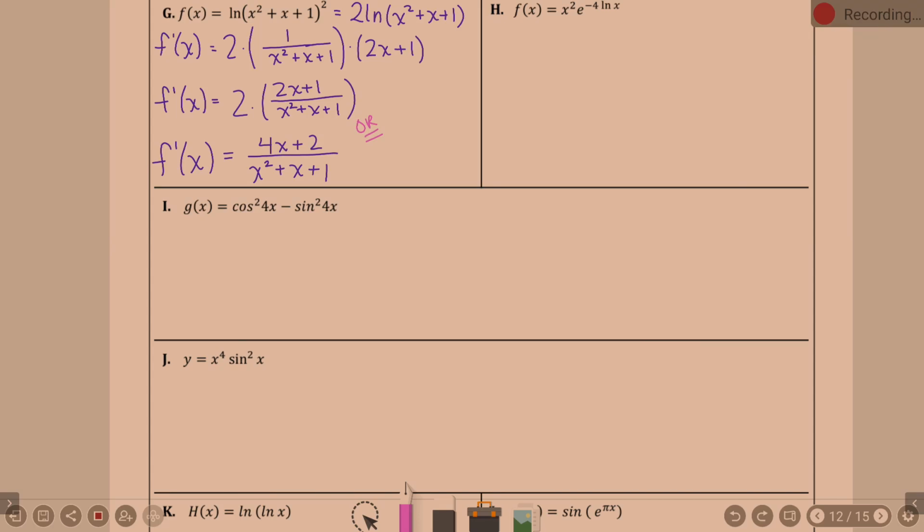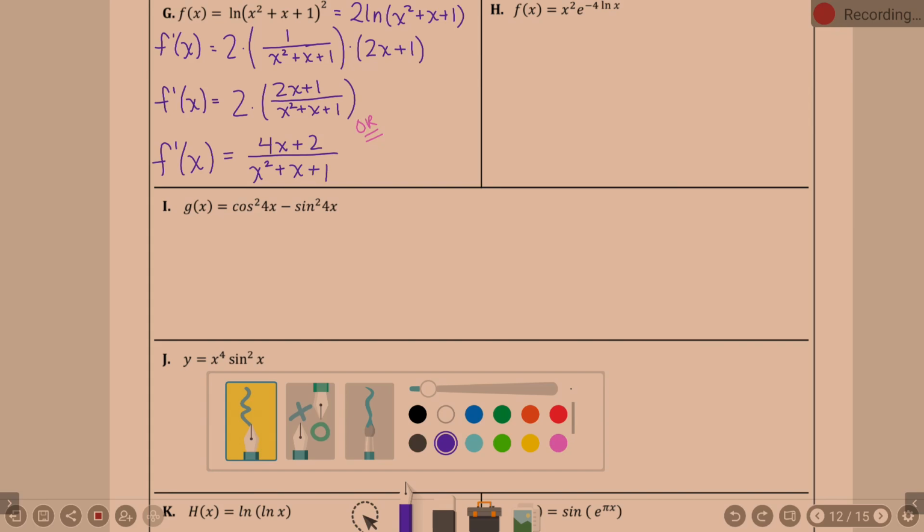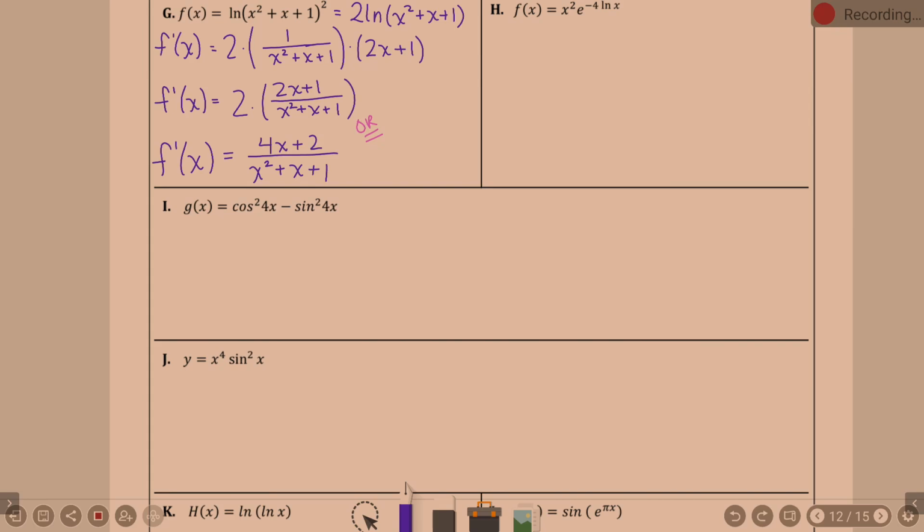I think that was probably a rough example to jump in on because there's some confusion, I can tell. Can you just do like 2 times the 2x plus 1 and then multiply that against the other one? Kind of. You just put it on top of the other fraction.